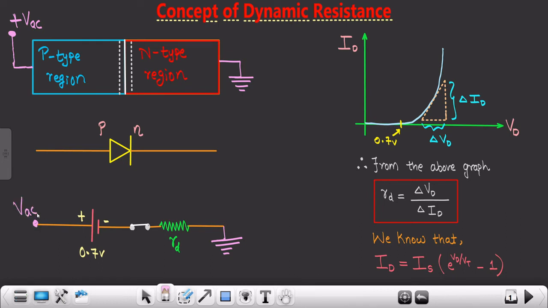But now since we are dealing with AC, this VAC indicates that we are dealing with AC voltage, okay. Although AC voltage is shown in a particular way, for your understanding purpose I'm not showing it that way, so that you understand this concept in depth, okay. And that's why, since we are dealing with AC voltage, I had represented over here rd, or the dynamic resistance, okay.